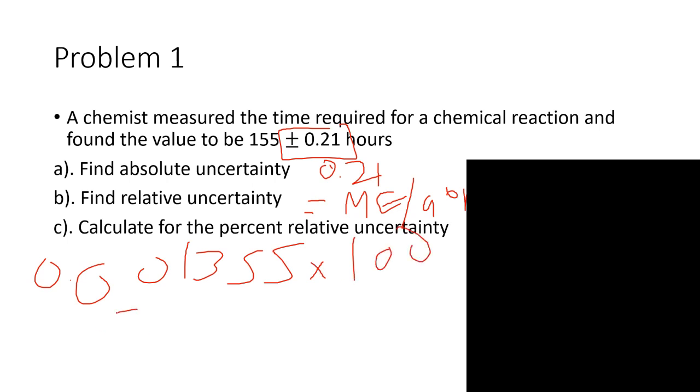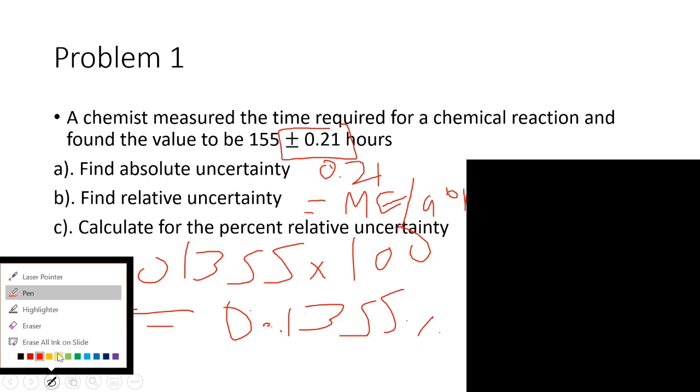That's just going to be 0.135%. That means we have a low percent relative uncertainty, which means the measurement that you've taken is quite accurate and precise.